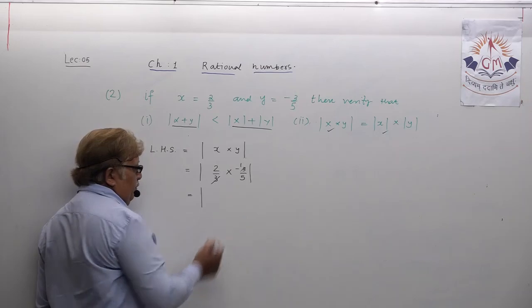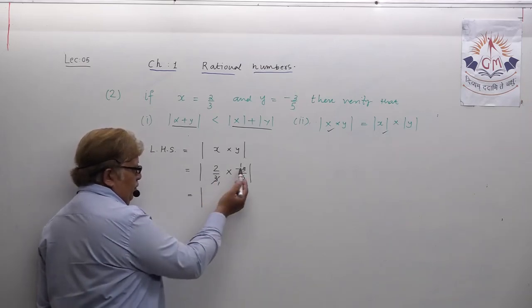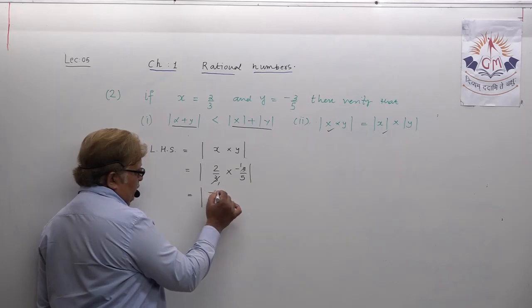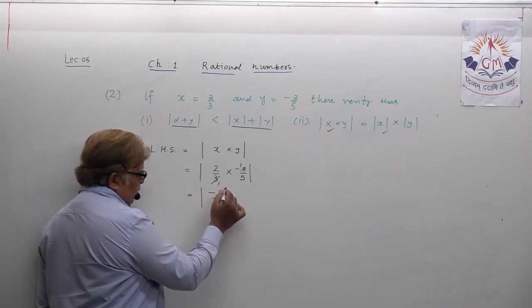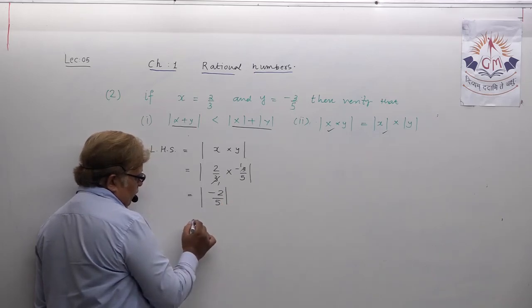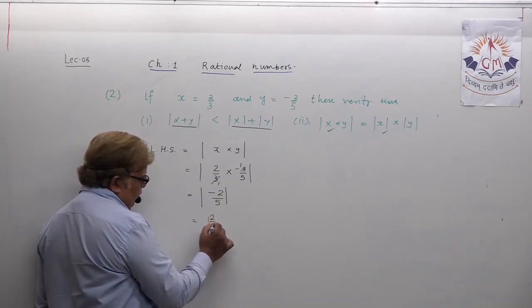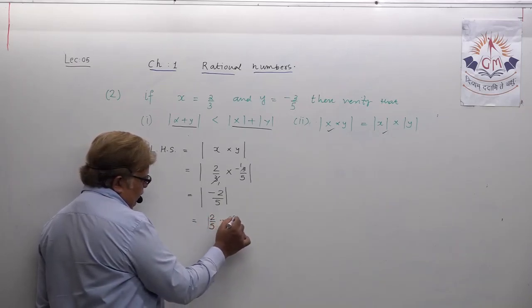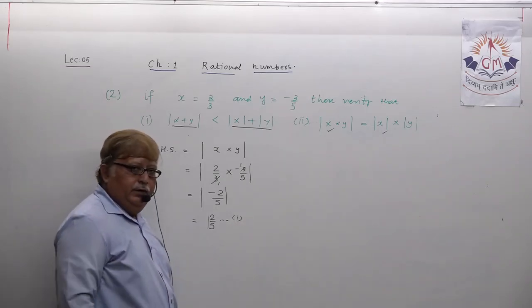Here nothing means 1, that you all know. 2 1 ja 2. Minus sign. Minus 2 upon 5. When you take its absolute value, it turns out to be 2 upon 5. This is result number 1 we got.